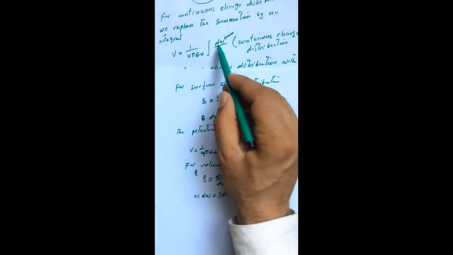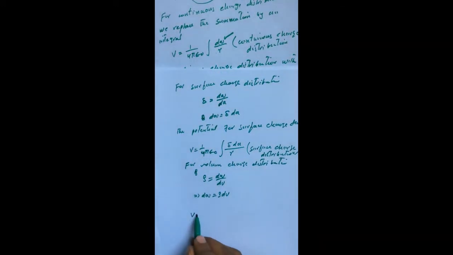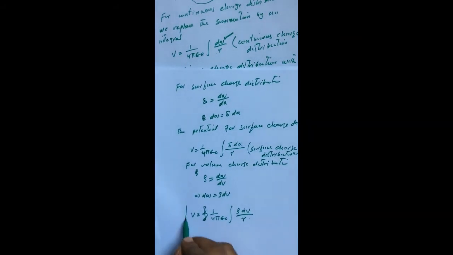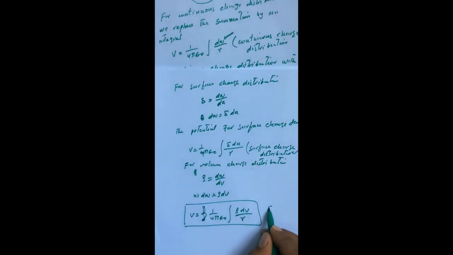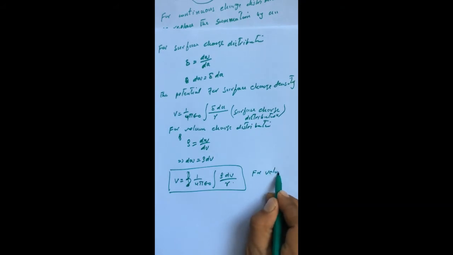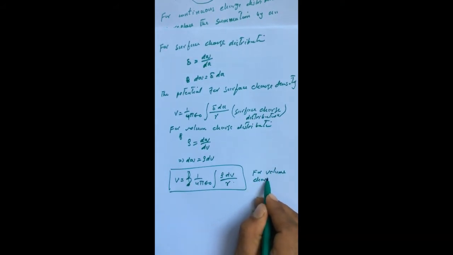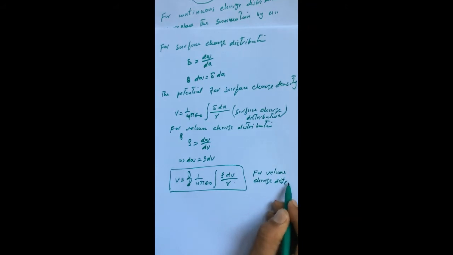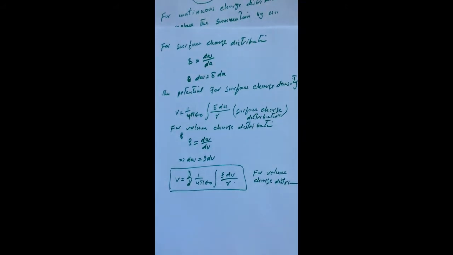So replacing dq by this rho dv, we get the potential for volume charge distribution: V is equal to 1 over 4 pi epsilon naught integral of rho dv over r. This is for volume charge distribution. So this was all about the electric potential of continuous charge distribution.